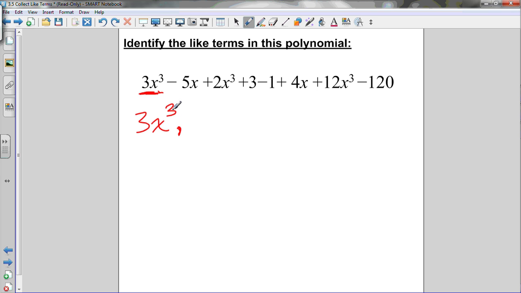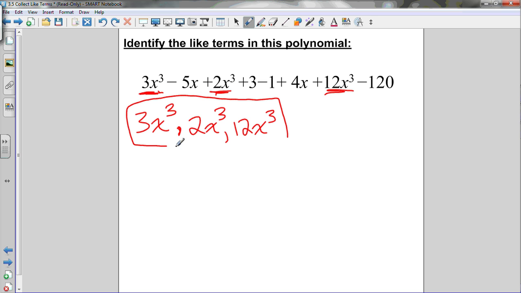We need terms that have an x cubed. I've got a 2x cubed. Are there any other ones? And here's another one, a 12x cubed. So those three terms are like terms. I'll put a box around them to show that they're a group. All of those have the exact same variables with the exact same exponents.